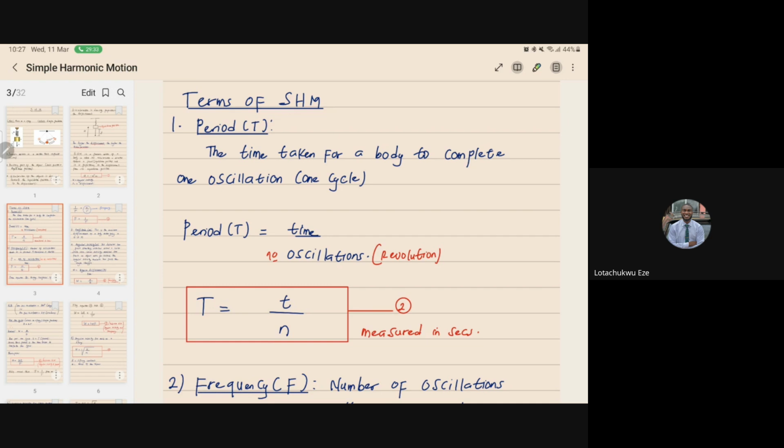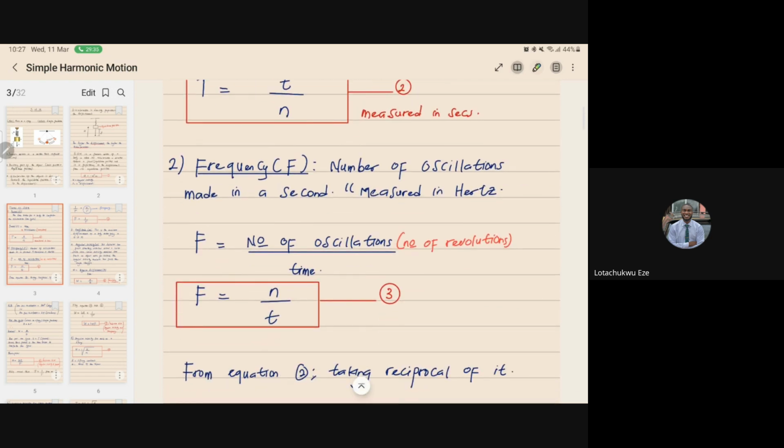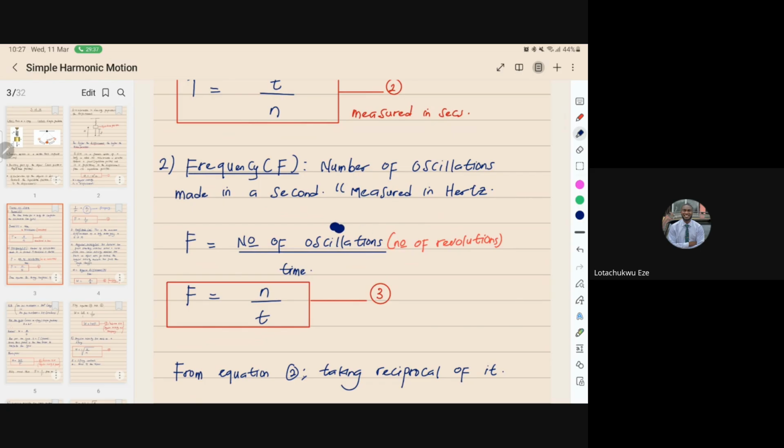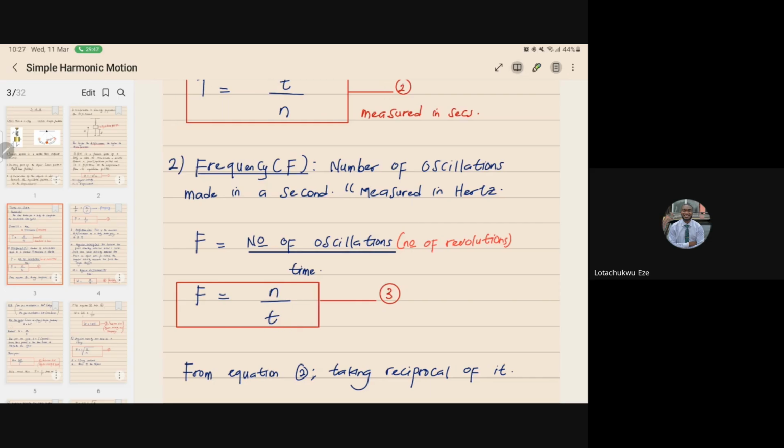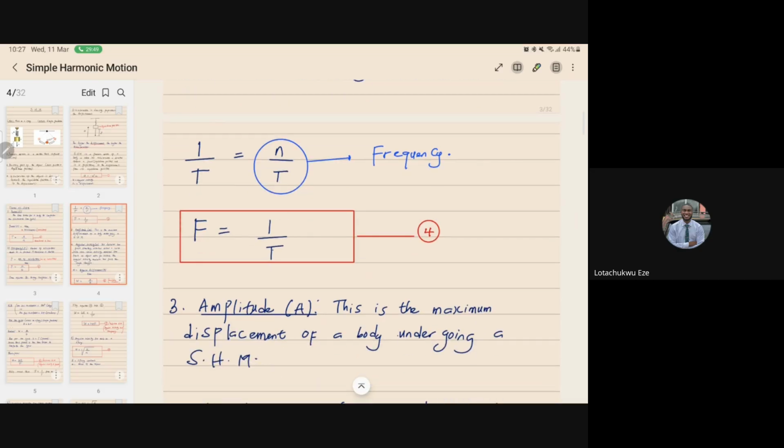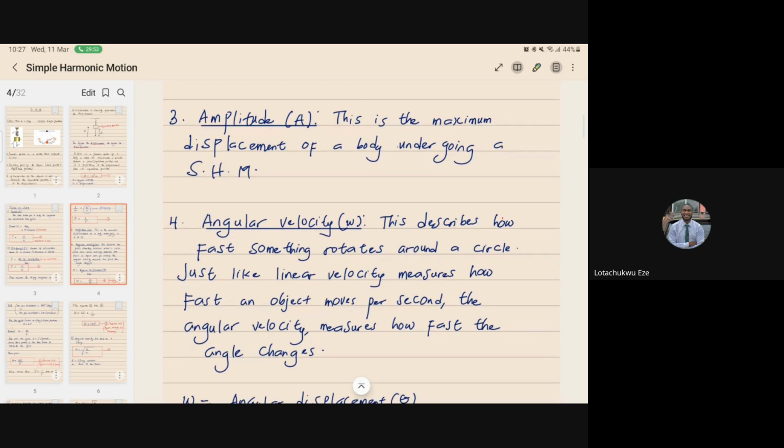We looked at frequency, which has to do with the number of oscillations made in a second. You can call it number of oscillations, number of revolutions. So this thing is the number of oscillations, right? This is now the total time at which everything happened. And I said that the reciprocal of it is going to give us the frequency. Now we looked at amplitude, which is the maximum displacement of a body undergoing simple harmonic motion.